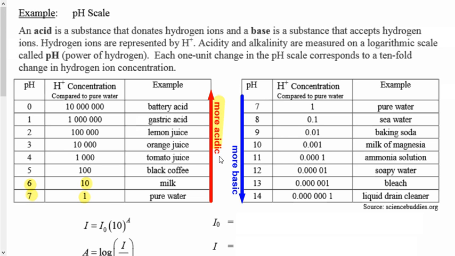Here our pH of 7, again we're looking at pure water. If I look at seawater, it's 1/10 as many hydrogen ions, so the concentration is less, but we increase the pH number in our description. So that's how they work. Again, our equations are going to look fairly similar.